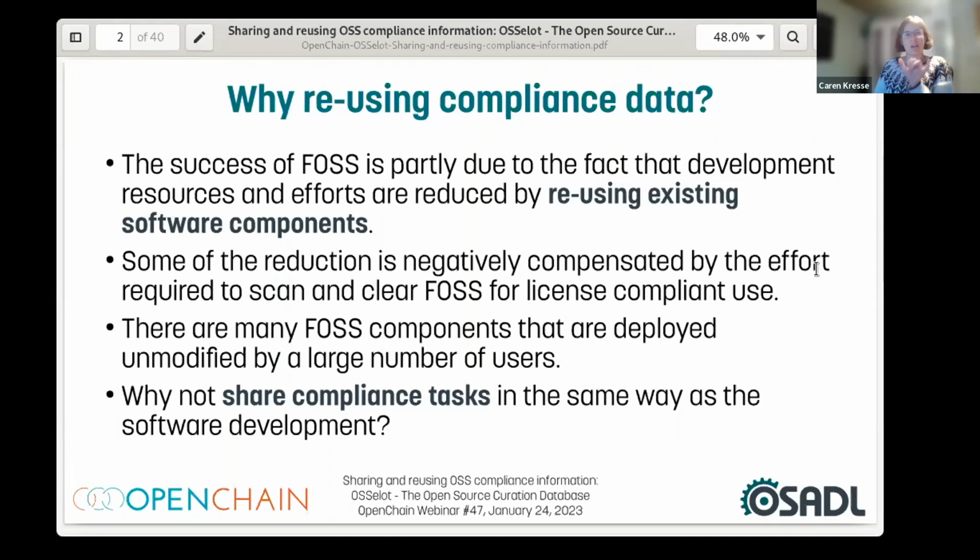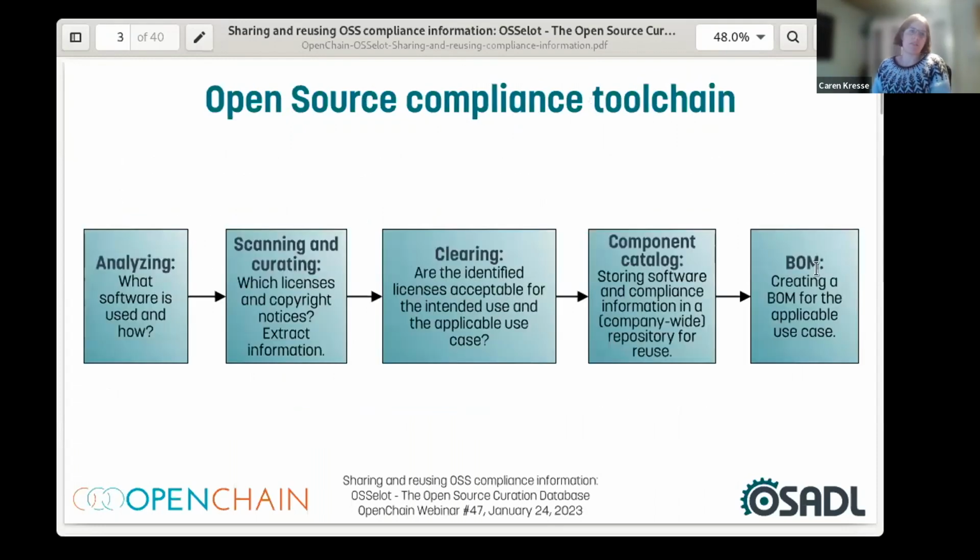If we look at what part of the compliance tasks we can share, we can look at a very basic, very rough open source compliance tool chain. We analyze what kind of software we use, then we do scanning and curating of compliance data: what licenses are used, what copyright notices are contained in the source code, and extract that information to be delivered along with the software.